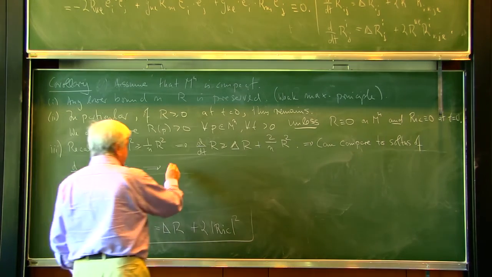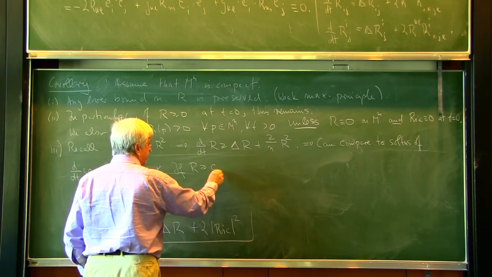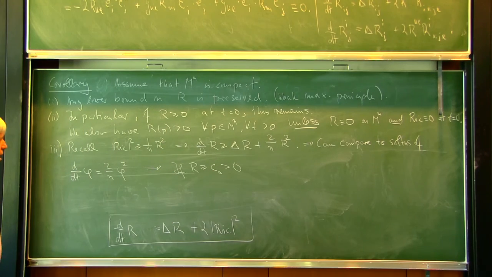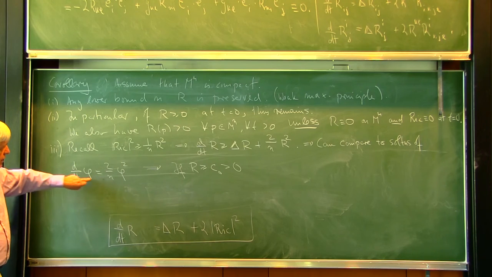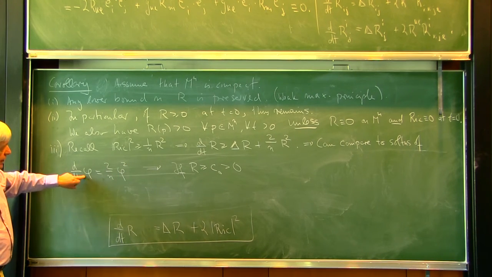If the scalar curvature initially is bigger than some positive constant C0, then we can compare to the solution of this ODE starting with the value C0.